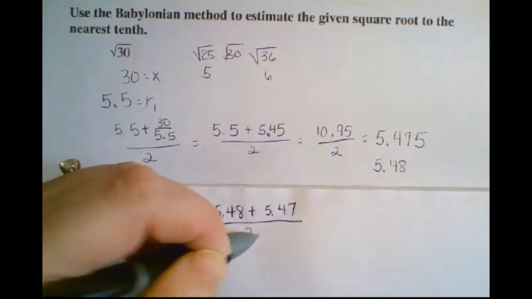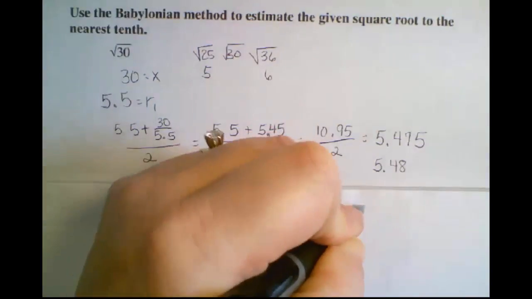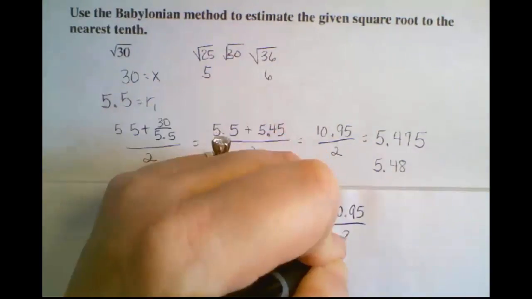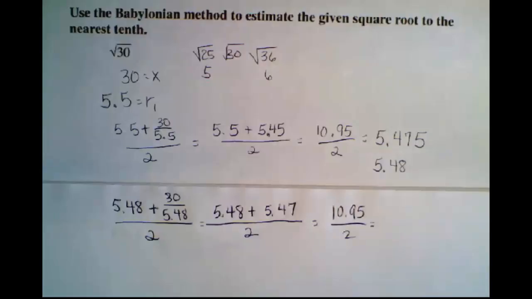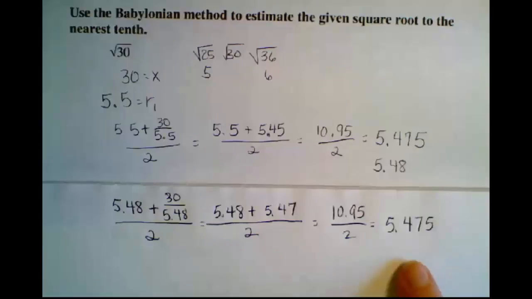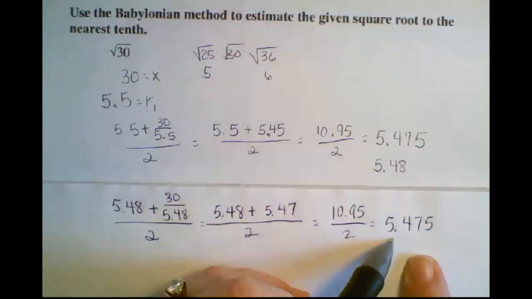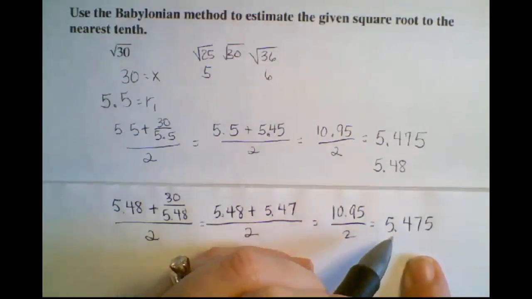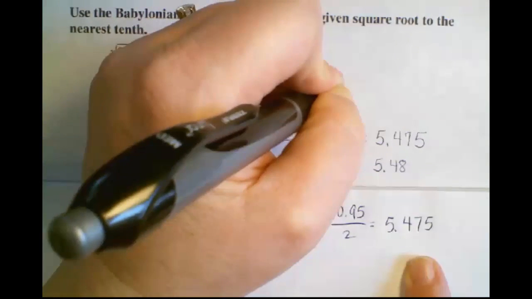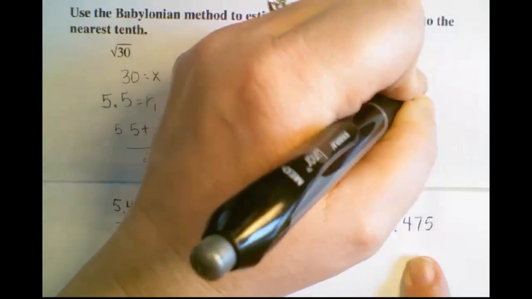Divide that all by 2. So now we take 5.48 plus 5.47, and we get 10.95 again, divided by 2, and that gives us 5.475. So these two end up being the same. Therefore, the square root of 30 is just about 5.475.